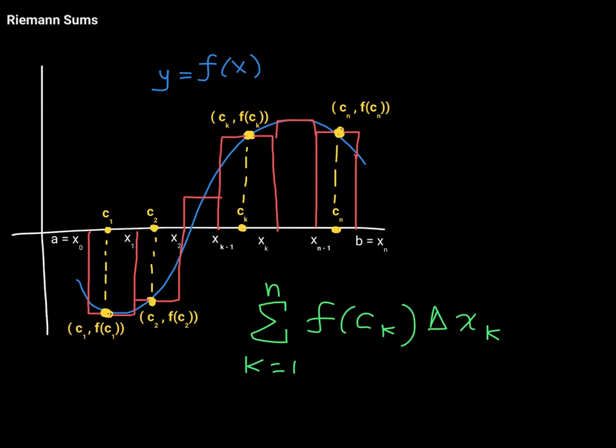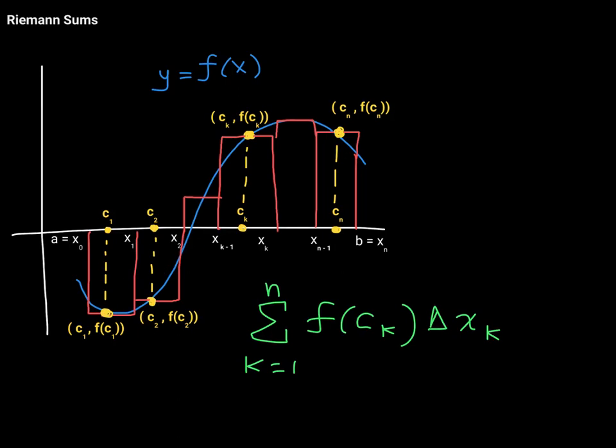In the case where each of the subintervals has equal width, we can make these rectangles really, really thin. That's hard for me to draw here, but imagine these rectangles being extremely thin and thinner and thinner. We can do that by increasing their number n. In other words, increasing the number of rectangles that we use.